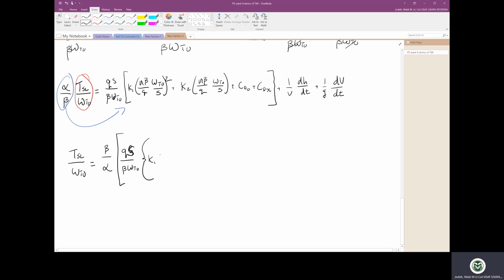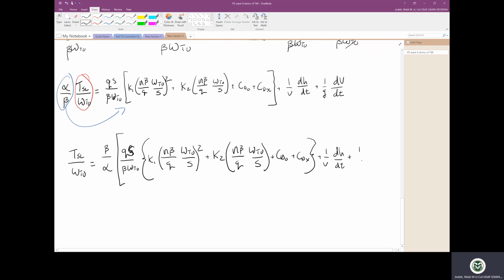K1 n beta over q weight takeoff over S squared plus K2 n beta over q weight takeoff over S plus C_D0 plus C_DX closed squiggly, plus 1 over velocity dH dt plus 1 over gravity dV dt closed bracket.